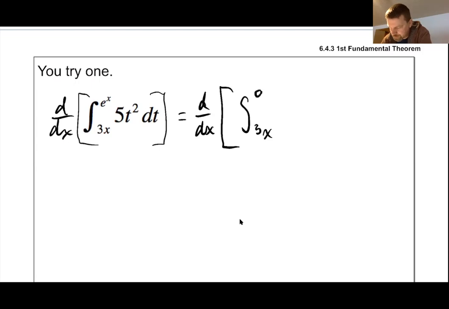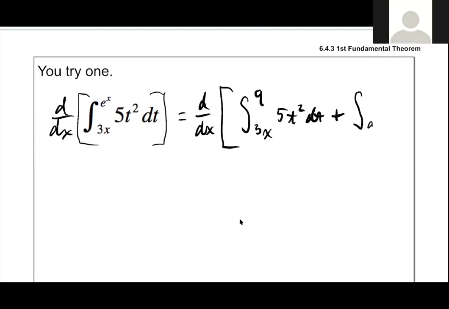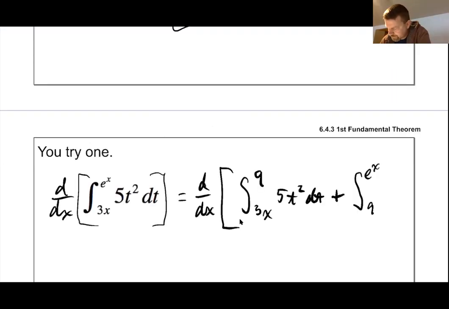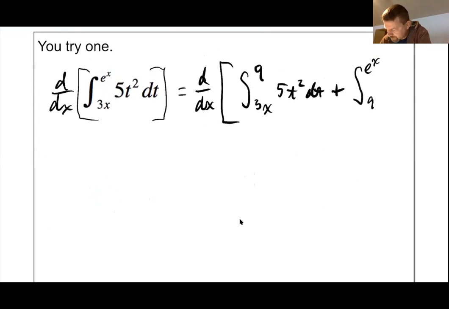It just has to be some constant, of 5t squared dt, plus the integral from what to what? 9 to e to the x of 5t squared dt. So the first step is to split that integral up so that I can actually have a constant there.